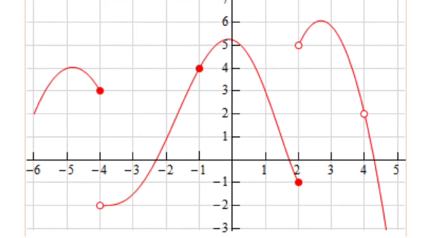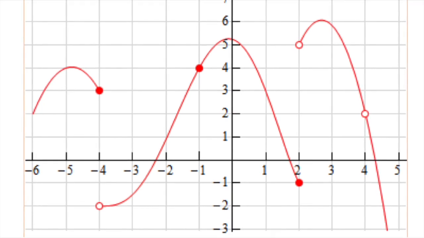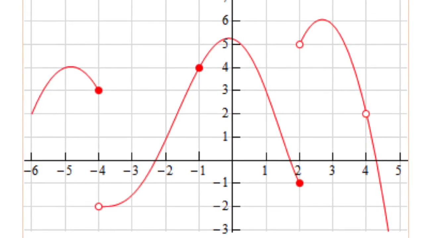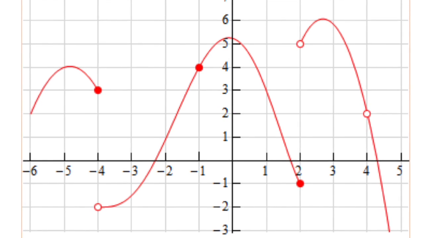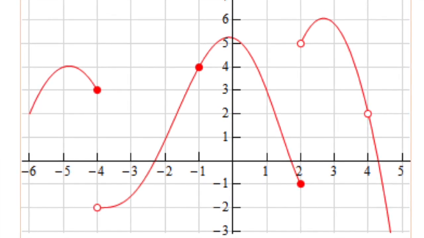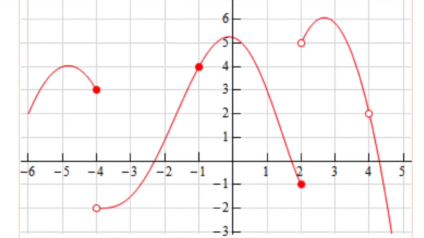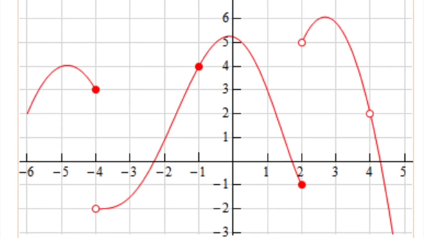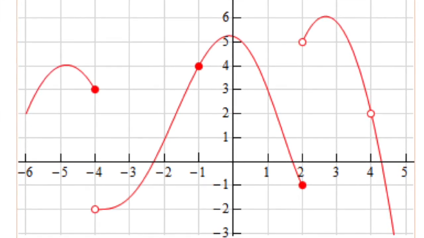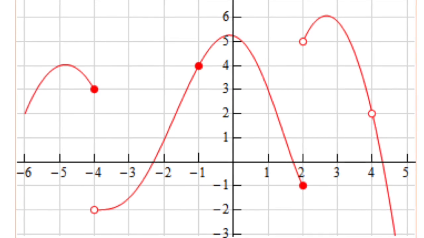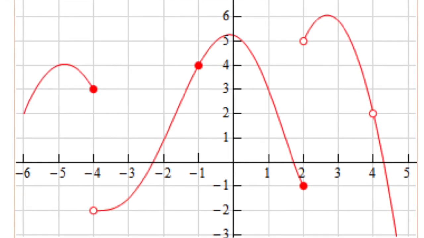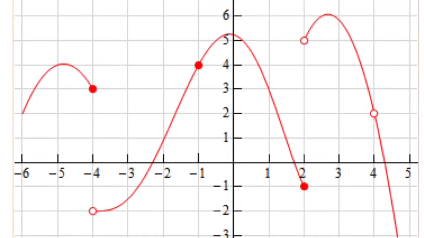When x equals 2, the y value or f of 2 value is -1, but the limit again doesn't exist. Therefore, there is a point of discontinuity and the graph is not continuous at x equals 2. At x equals 4, the y value doesn't exist because there's an open circle.